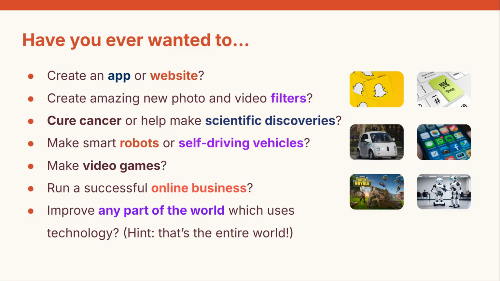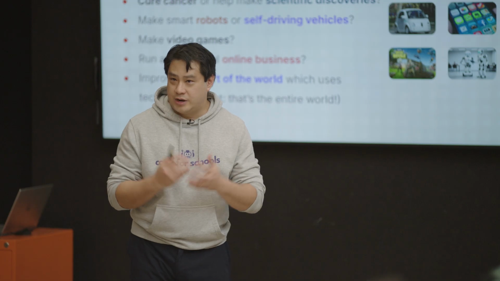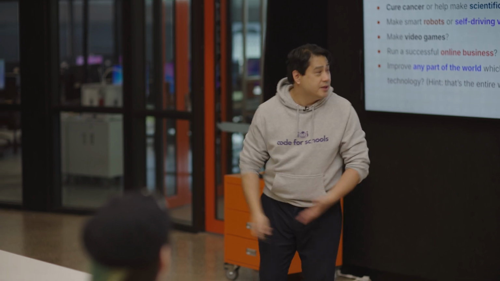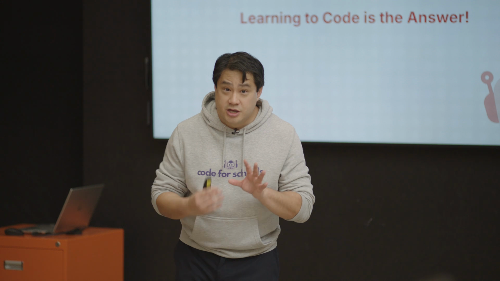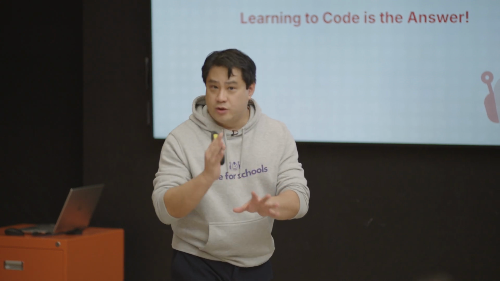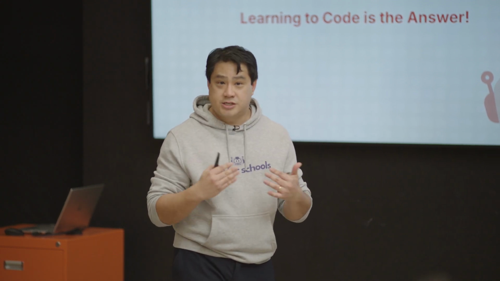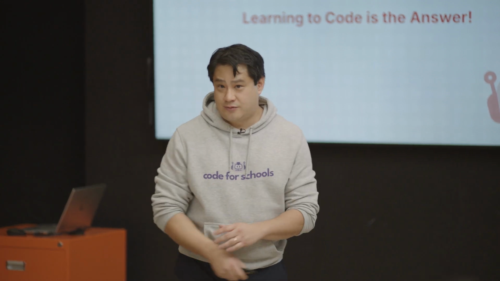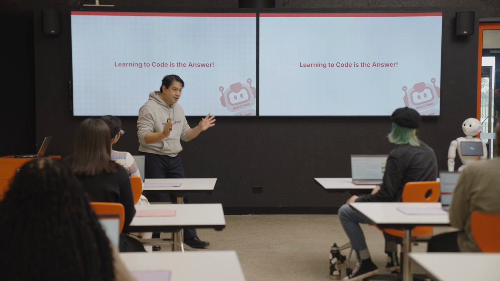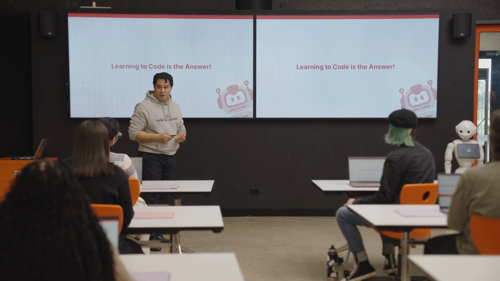So any type of interaction that we have in the world has computers in it. And if you want to be involved in making those things a bit better, the answer to doing all of that is learning to code, because learning to code lets you interact with all of those situations so that you can make a difference and make changes and innovative inventions around those areas. Okay, so that's why we're here today, to learn a little bit more about coding.